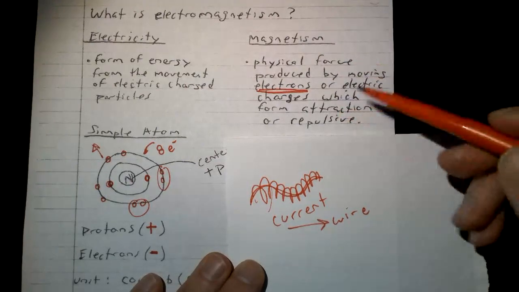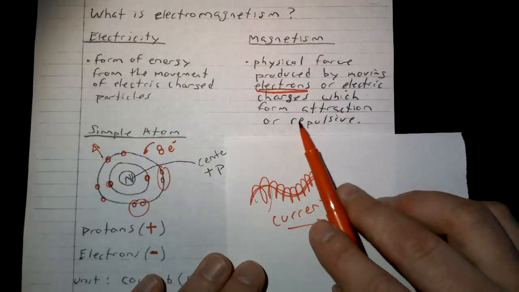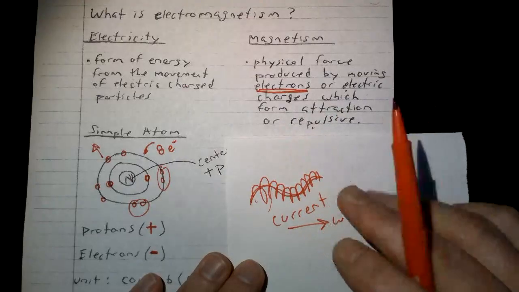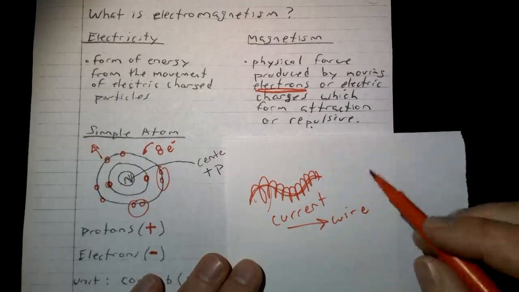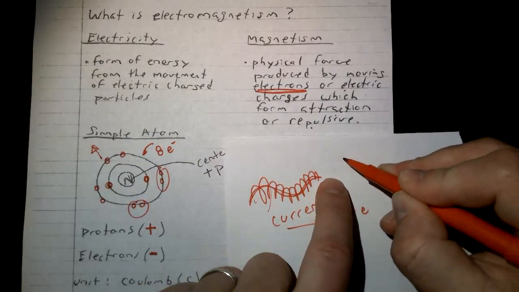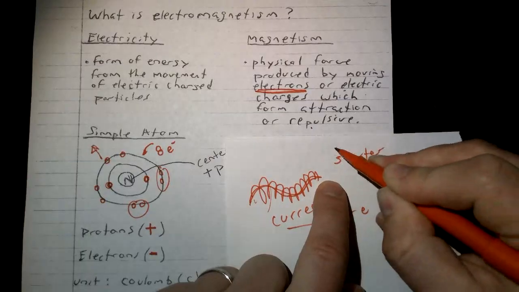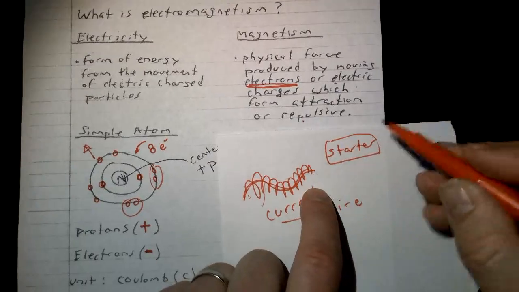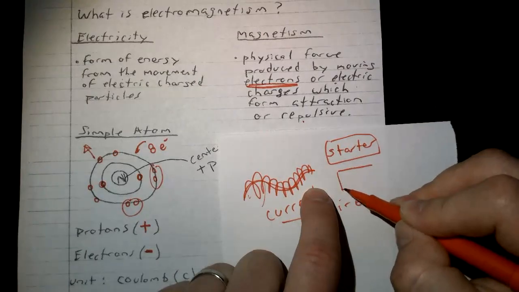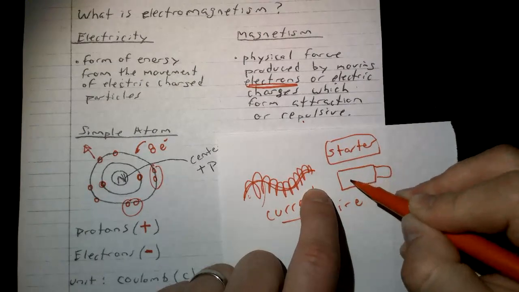To help you understand electric charge forming, attracting and repelling, I want to show you a picture in a little bit. It's in your vehicle, and it's called a starter. I'll show you a little picture later, but it kind of looks like this, and it has a little engagement pin like this.